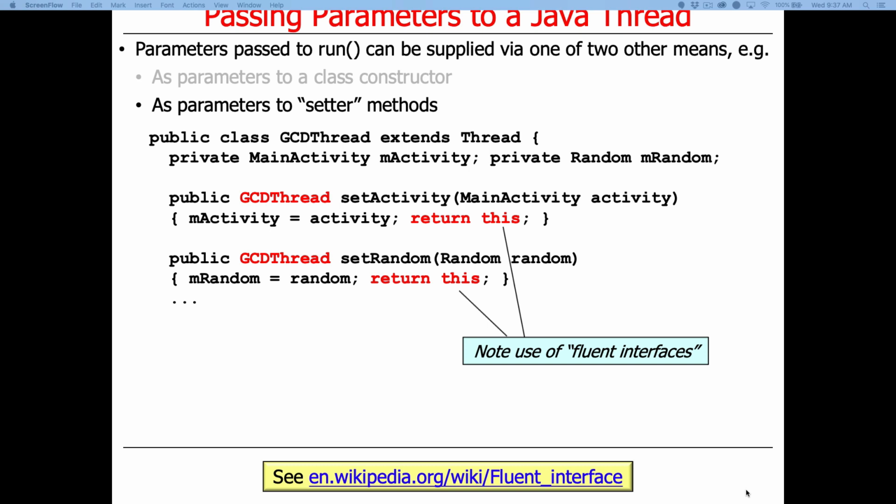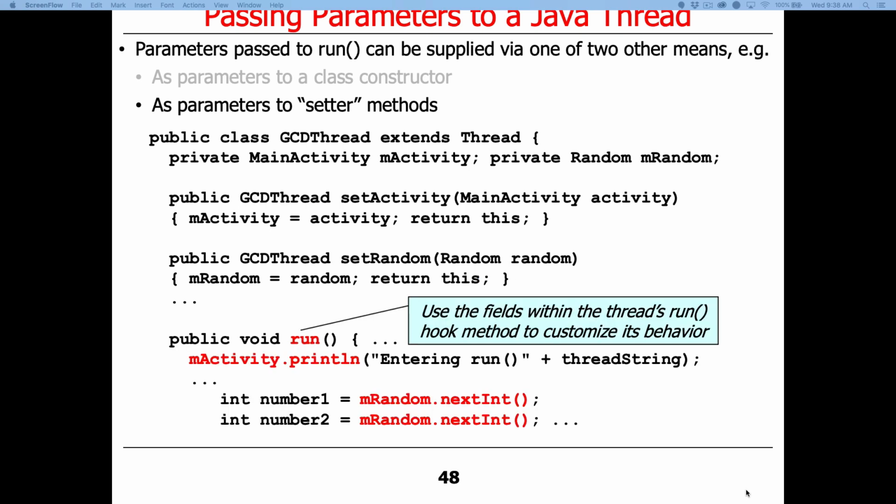What you do is you have setter methods that return the class that they're a part of. So you do your thing, and then you return this. In this case, setActivity takes an activity and returns GCDThread. The reason we do this is because then we can chain these things together when we call them. I'll talk about that in a sec.